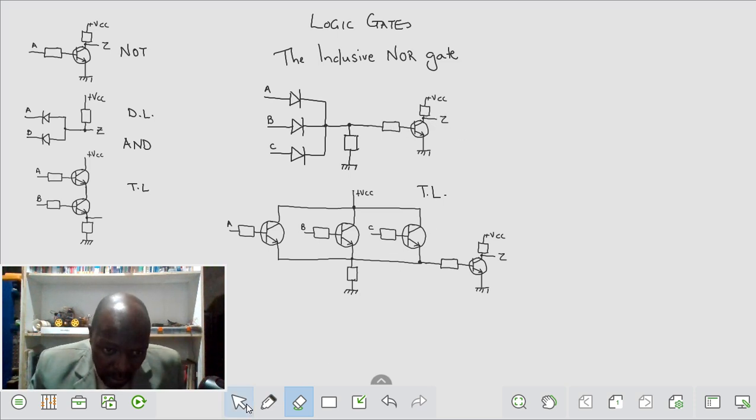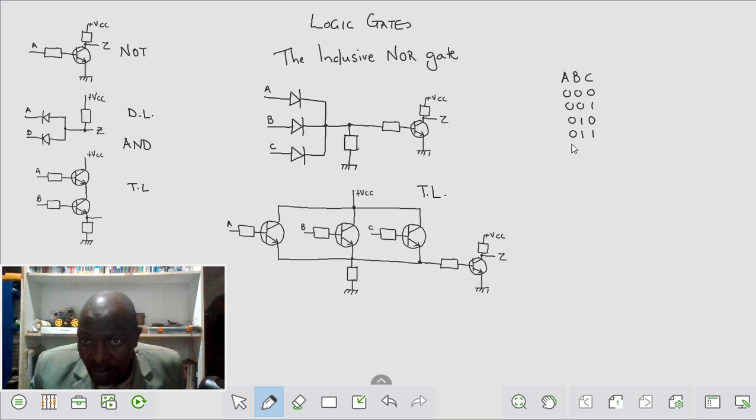So if you look at our truth table for this gate, it's 3 inputs, A, B, and C. Remember 2 to the power of 3 gives us 8. It's the count 0 up to 7, with 4, 2, 1 weights.